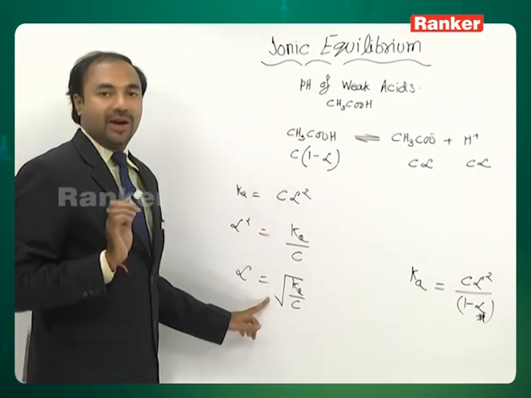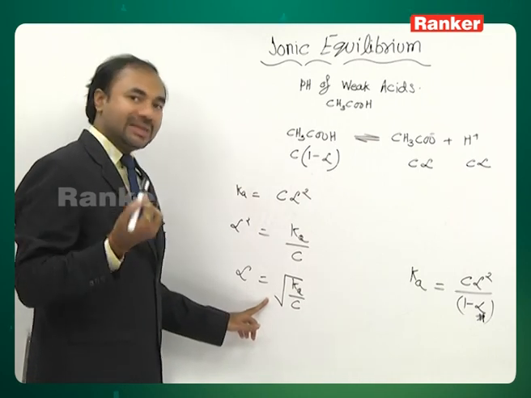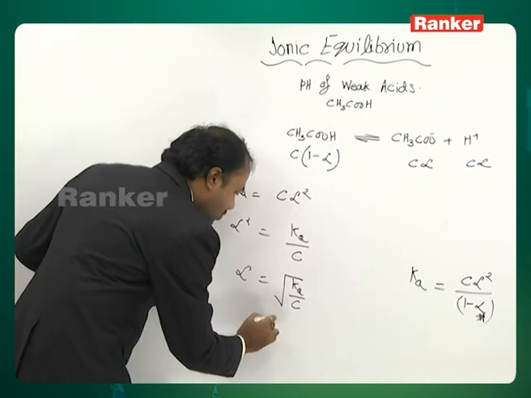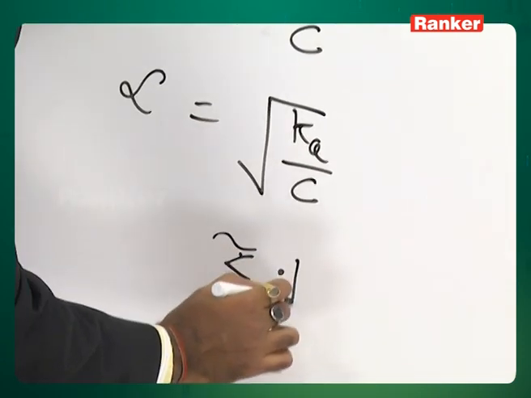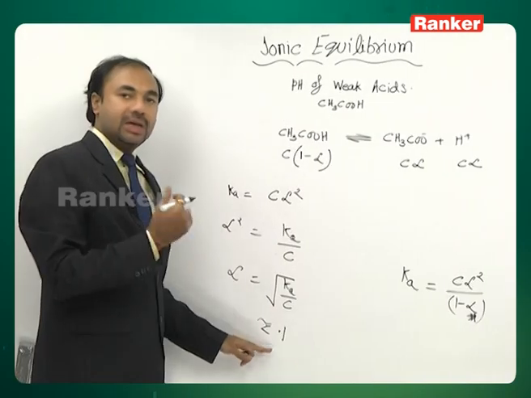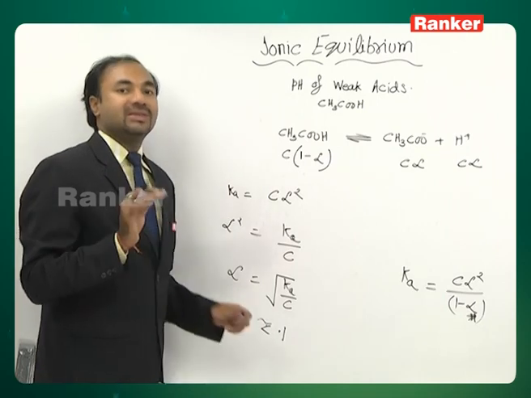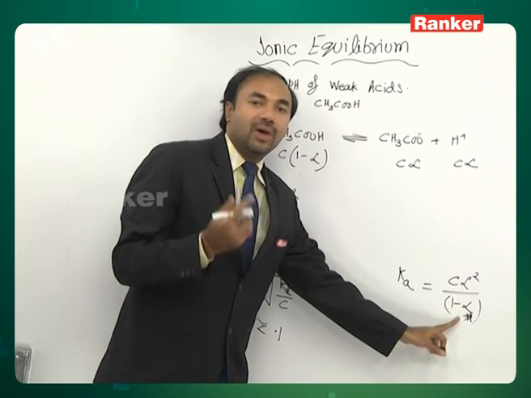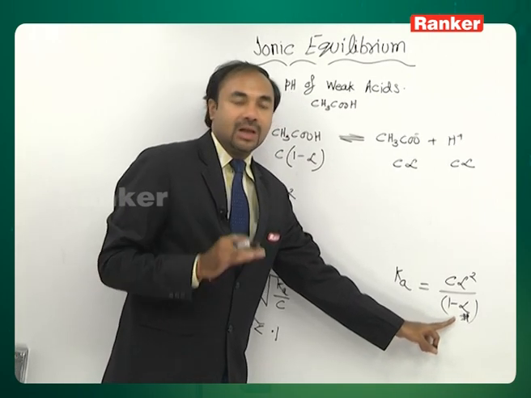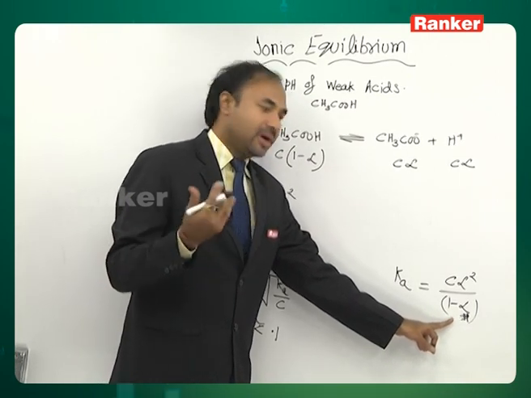If the value of alpha from here comes out to be equal to or less than 0.1, we say our approximation to neglect alpha as compared to 1 was valid.